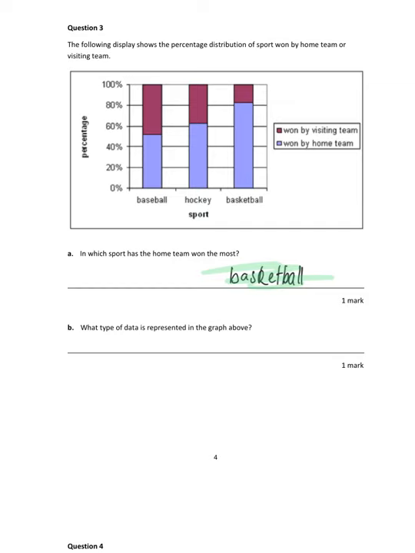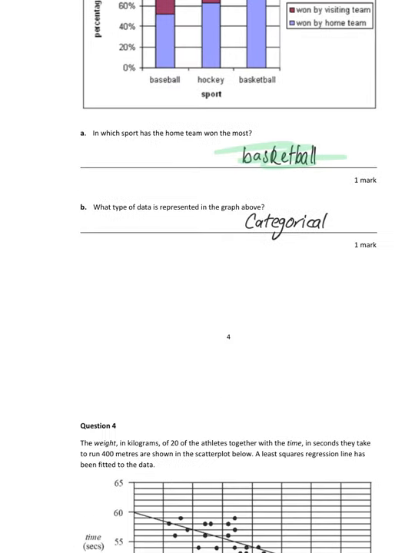So we're looking at categorical data because it's whether it's a win or a loss within those sports. They're just accumulating the frequencies and getting it as a percentage, but it's still categorical data that's represented in the graph above.